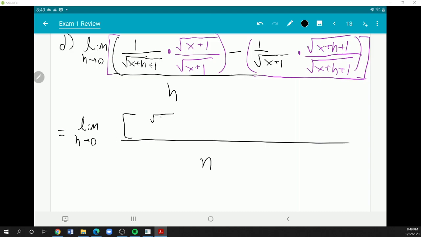We're going to have root x plus 1 minus root x plus h plus 1, over the two smashed together: root x plus h plus 1 times root x plus 1. Okay, a little tedious, but not bad. This is supposed to be an h.